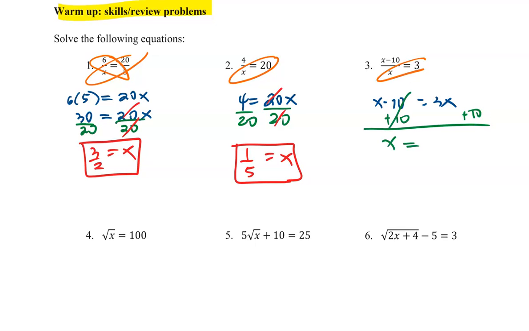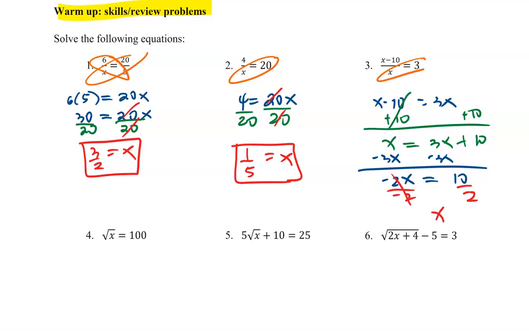So x is equal to 3x plus 10, and then subtract 3x from both sides. This is negative 2x is equal to 10, and divide by negative 2, so that x is equal to negative 5.